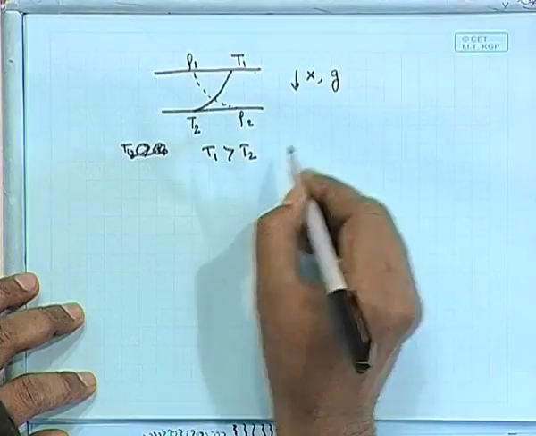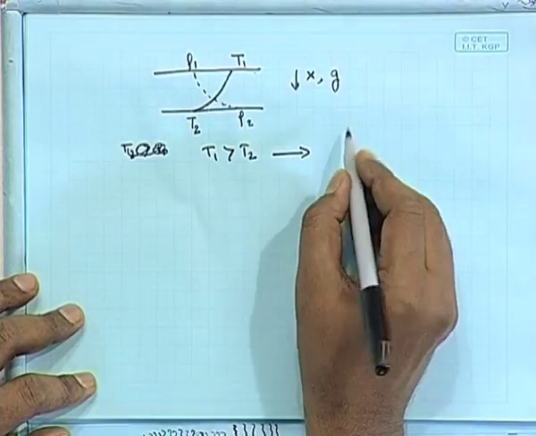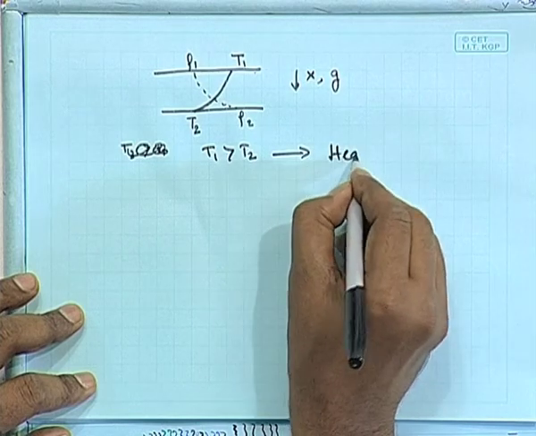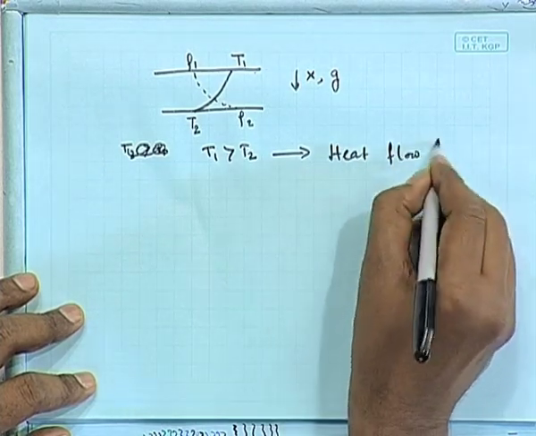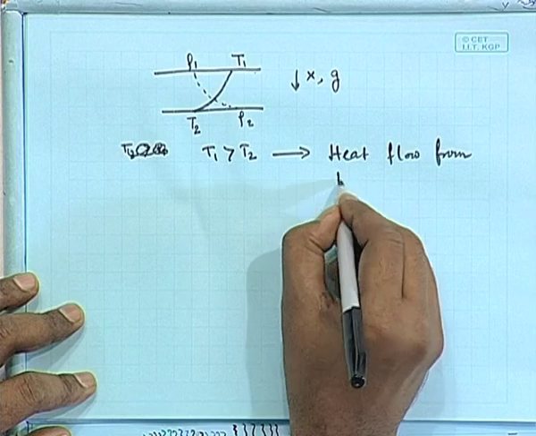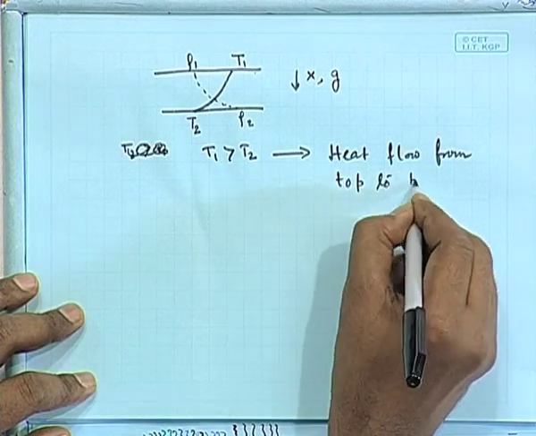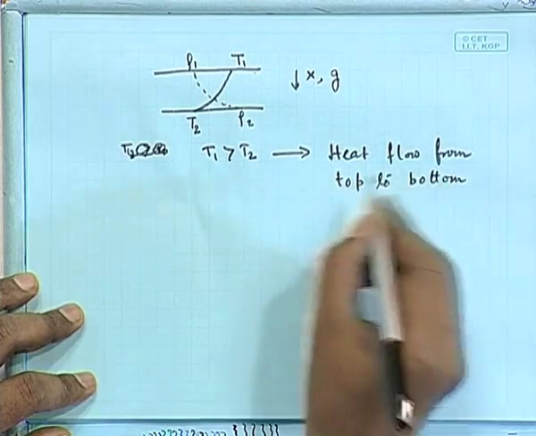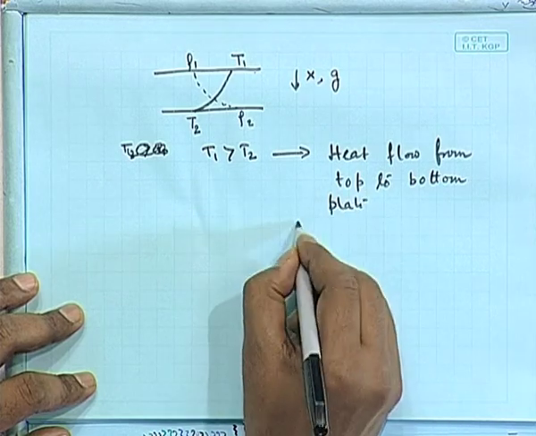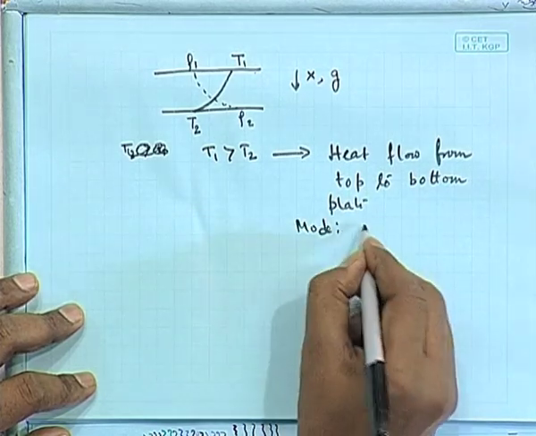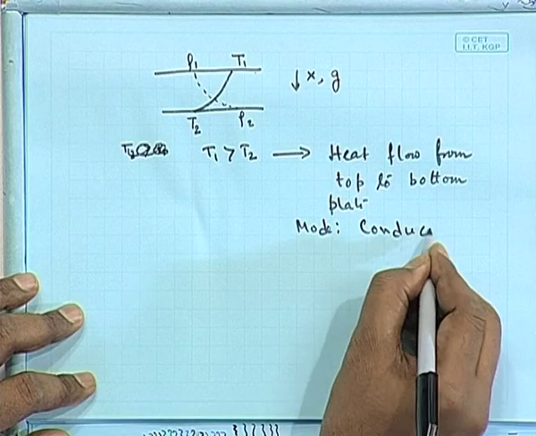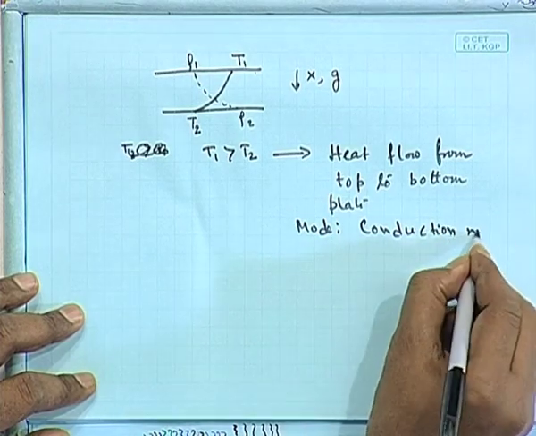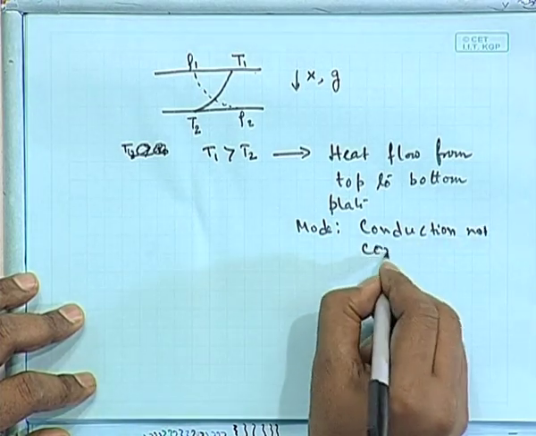Since T1 is greater than T2, there will be a heat flow from the top to the bottom plate, but the mode is simply conduction, not convection.